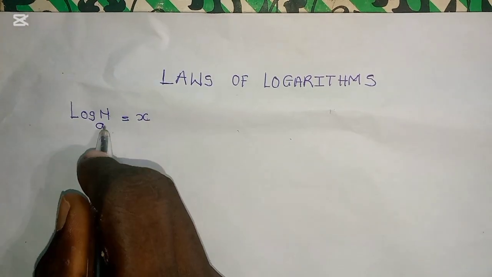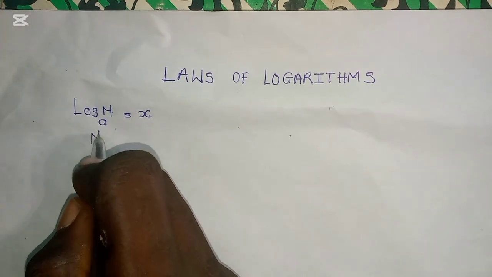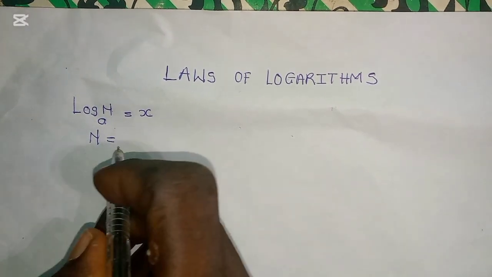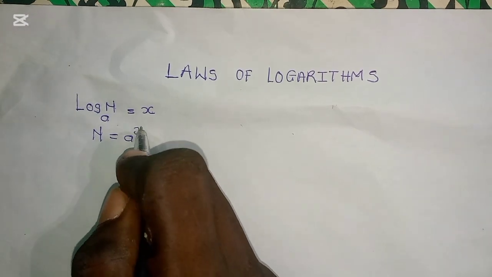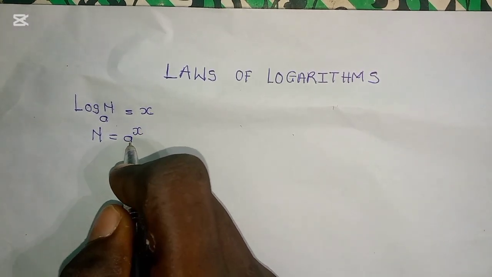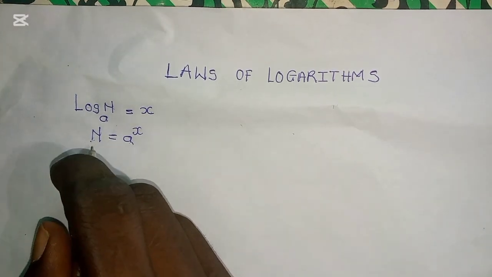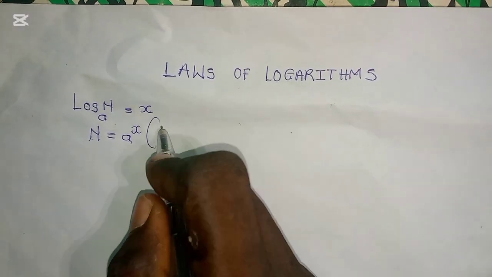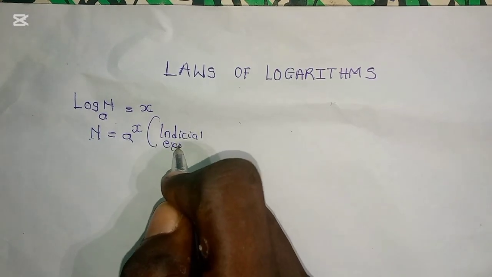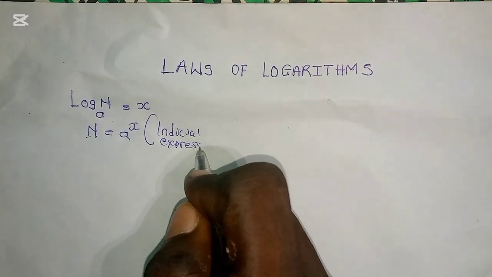Then n is equal to a raised to the power of x, where x is unknown because it is the number of times a is raised. This is the initial expression of the log form.